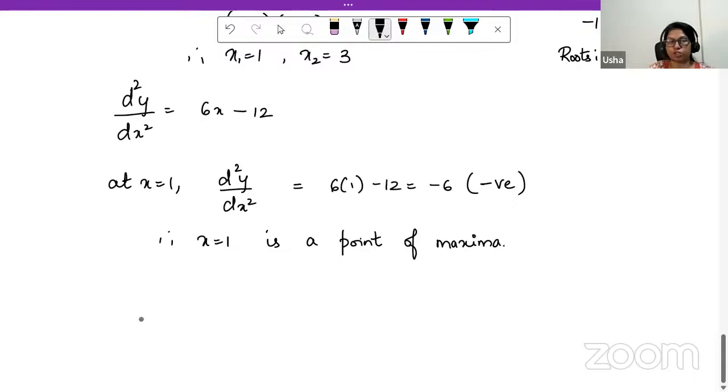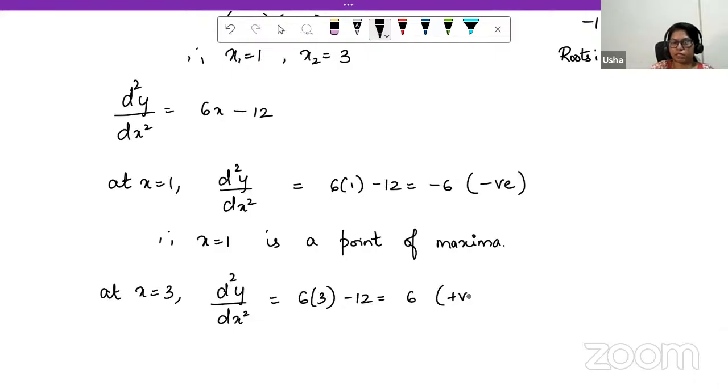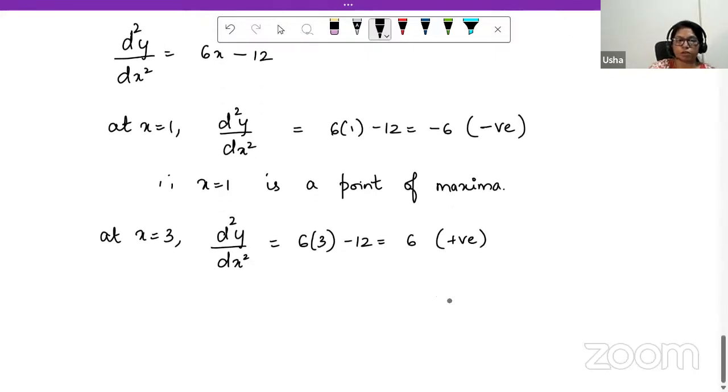You have to substitute it. The other point is x equals 3. At x equals 3, d square y by dx square is 6 into 3 minus 12, which is 18 minus 12, plus 6, and this is positive. Since I got a positive value, we write x equals 3 is a point of minima.